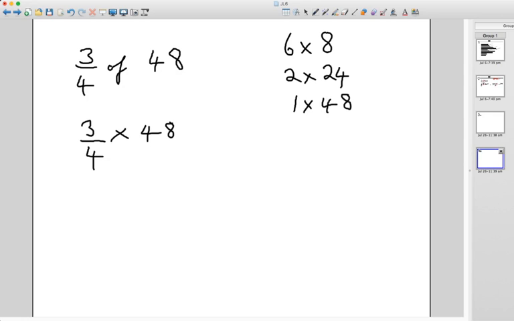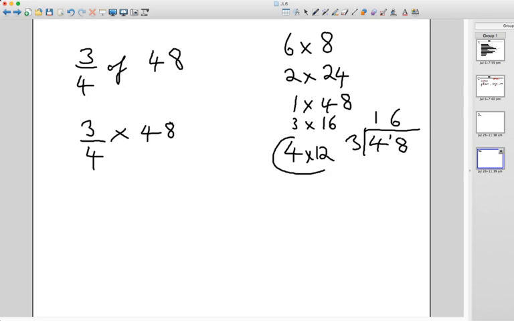Does 3 go into it? Let's check. 3 into 48. 3 into 4 goes once, remainder 1. 3 into 18 goes 6. So yes, it is 3 times 16. And there's the one that we're looking for. 4 times 12 is also 48. Why have I chosen 4 times 12? Because I've got the 4 on the bottom here that can cancel.